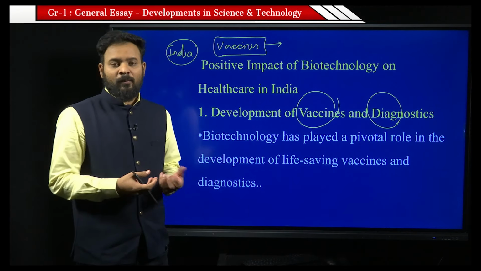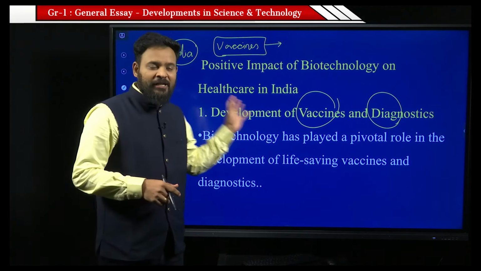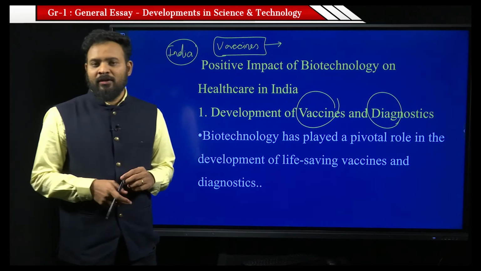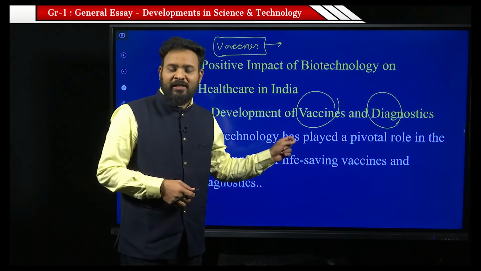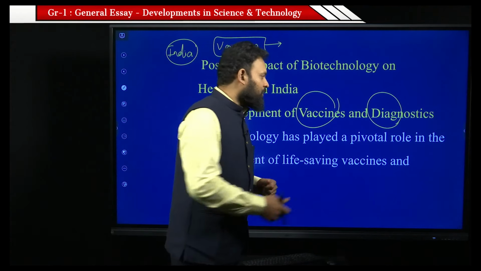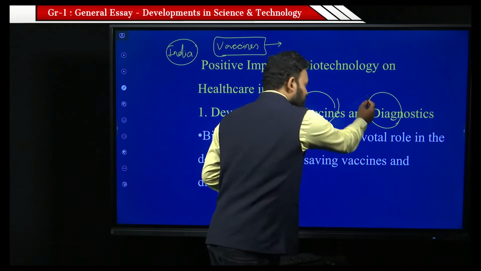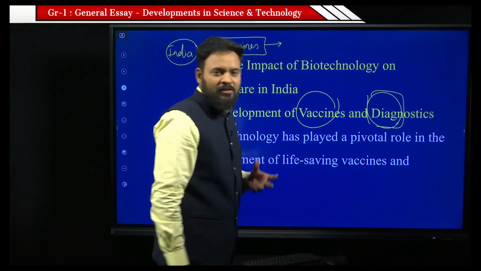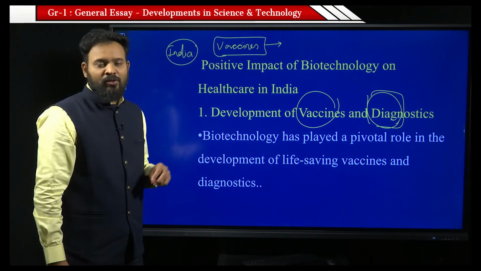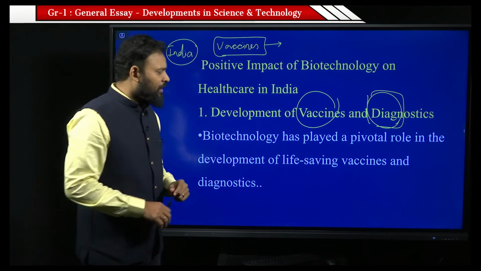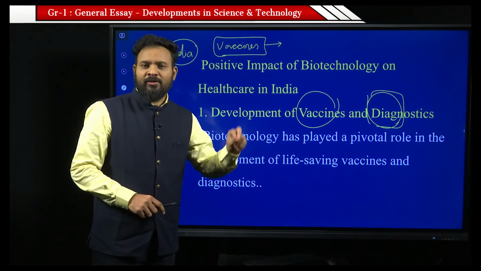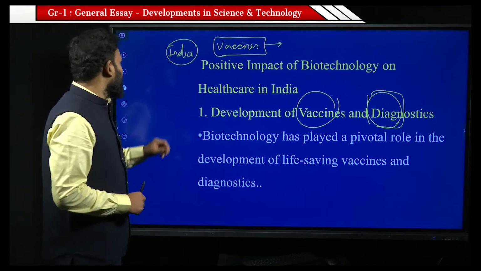That is how biotechnology is transforming the field of creating vaccines. It is not only creating vaccines, it is also helping in diagnostics. The RT-PCR test is based on biotechnology. So in diagnostics and vaccines, biotechnology is helping healthcare in India.